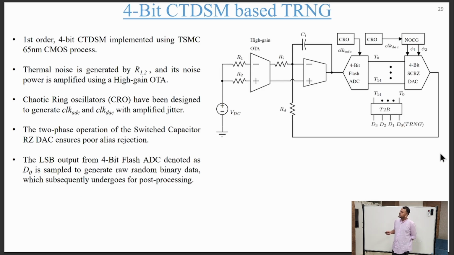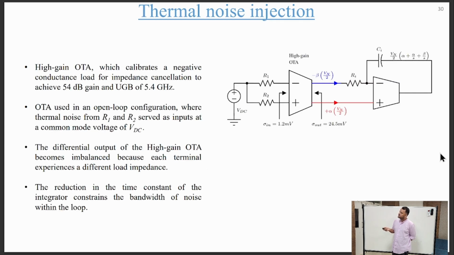So we can first see the aspect of this thermal noise injection through the high gain OTA into the integrator. Both nodes here, the high gain OTA will be imbalanced through the input impedance of the integrator. Both nodes will see different impedances. So suppose we see the differential thermal noise as alpha times Vnoise by 2 and minus beta times Vnoise by 2. But both will see a different transfer function.